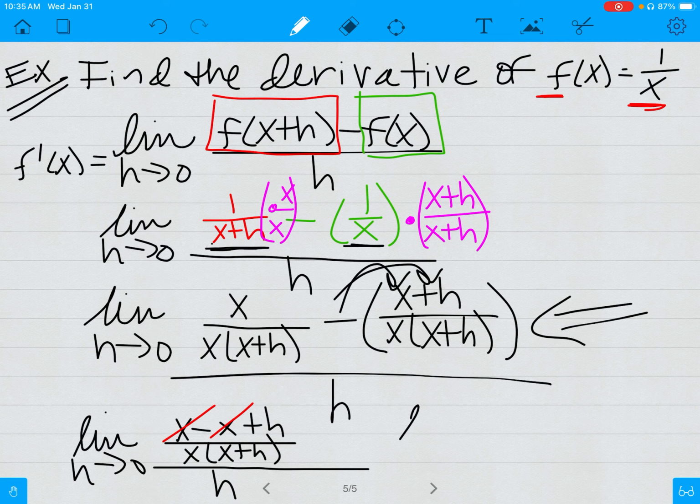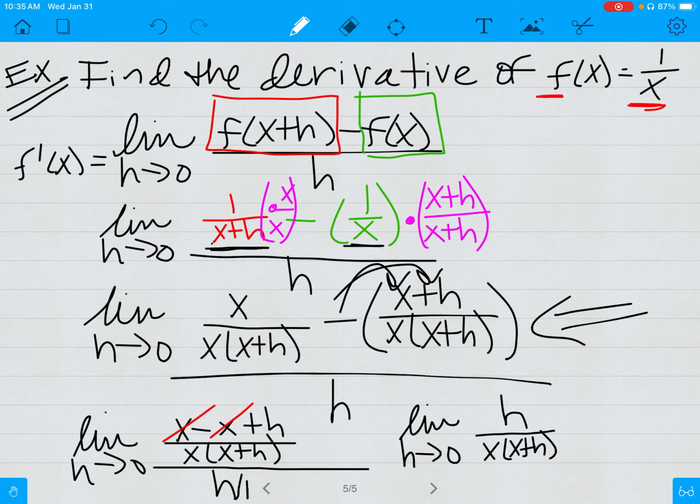So we still have limit as h approaches 0. Now, this thing in the numerator, the thing that's all over h, right? What is that? Well, it's h over x times x plus h, right? And what are we dividing that by?